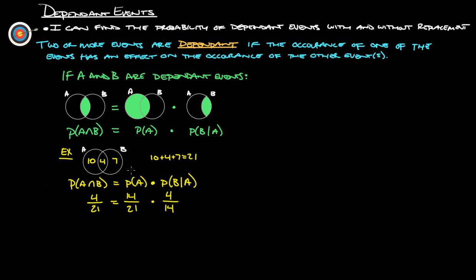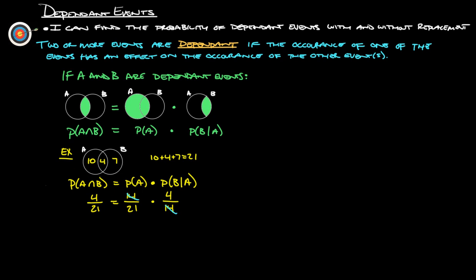And then you multiply that by the probability of B happening, given that A has already happened. So A is going to be the only group that we're choosing from, so that's the 14. So of these 14, which are also in B, 4. So that's the 4 out of 14. And if you go through and you cross off, you end up with 4 out of 21, which is the same thing.